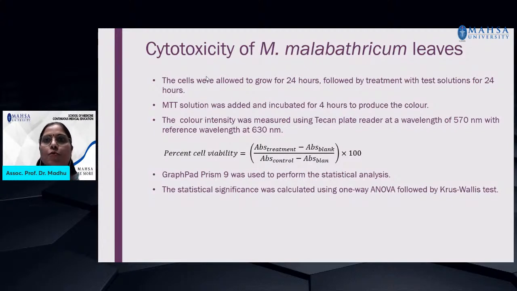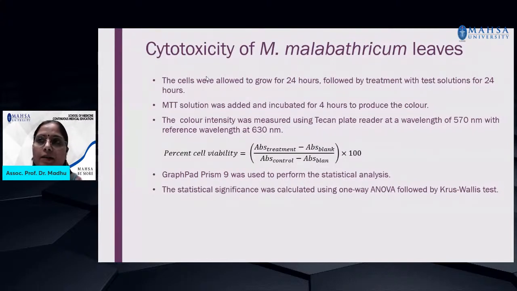So, moving on. Here, the cells were allowed to grow for 24 hours, followed by treatment with test solutions for 24 hours, and then the MTT solution was added and incubated for 4 hours to produce the color. The intensity was measured using a Tecan plate reader at 570 nanometers with a reference wavelength of 630 nanometers.